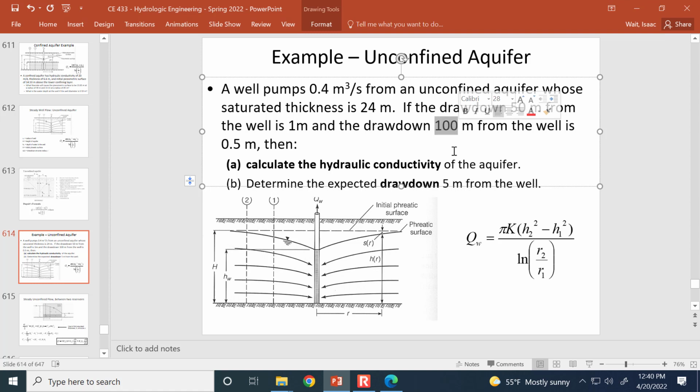Either one of those can be our further location, but the closer location, R1, will be 5 meters, and we're trying to solve for H1, and then once you have H1, determine S1, the drawdown.